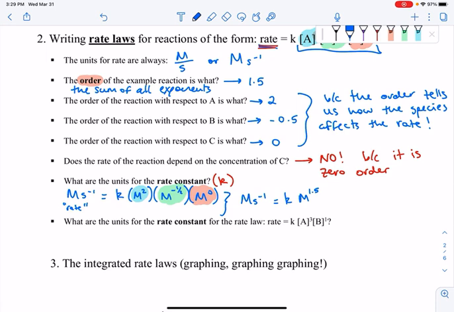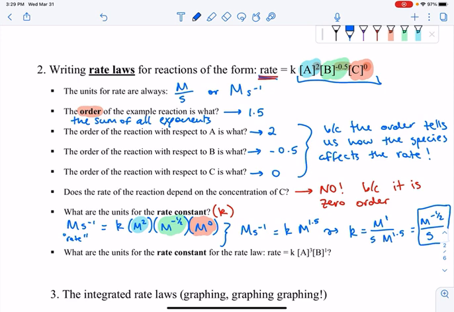Then if I isolate k by itself, I get M over second times M to the 1.5. Right, so how do my M's simplify? I end up with M to the negative 1/2 over seconds. So these are the units for my rate constant for this specific example, right? This is always how you're going to set it up.